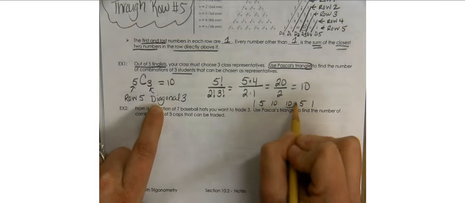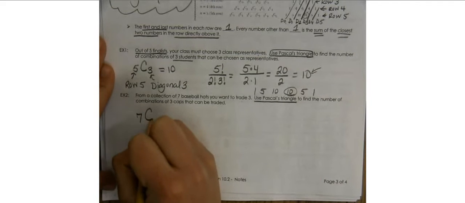So this would be 1, 5, 10, 10, 5, 1. Knowing that the first one represents diagonal 0, we would go to diagonal 3: 1, 2, 3. There's your answer. That's the work that I would be expecting you to show. I do not necessarily want you to show the formula work; however, it's a great way to verify your answer.